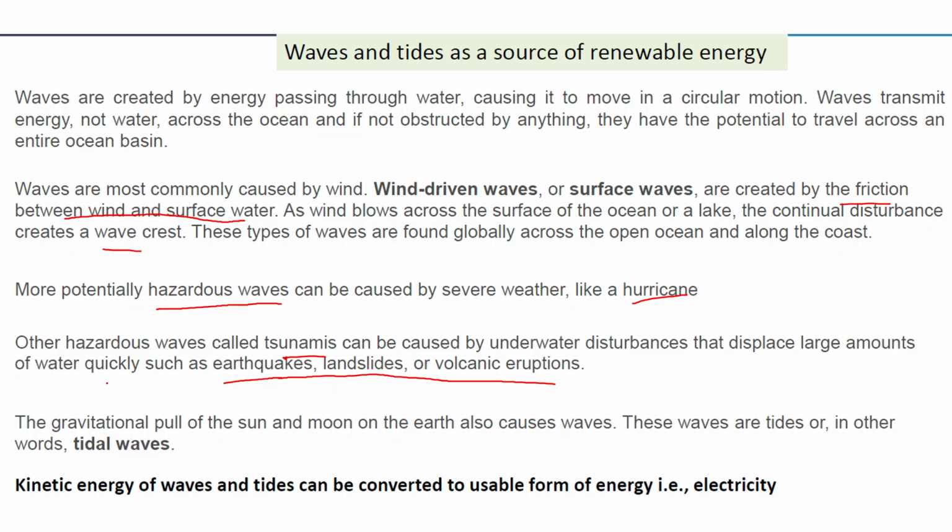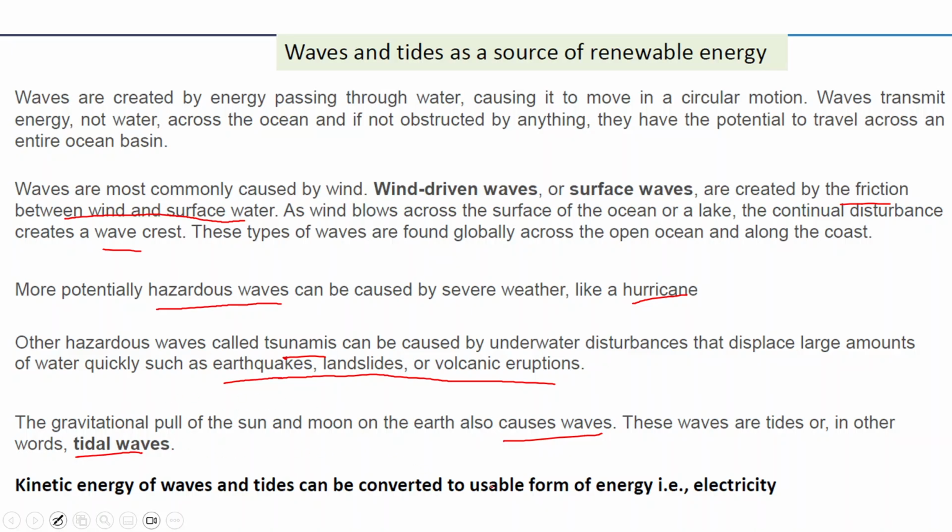Another term is tidal waves. These are due to the gravitational pull of the sun and moon on the earth, which causes these waves, and so they are called tides, or tidal waves.